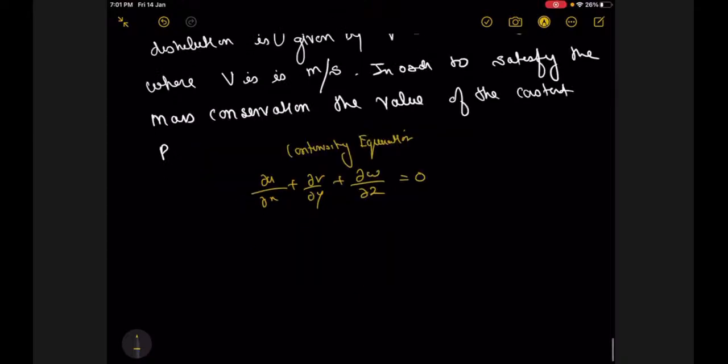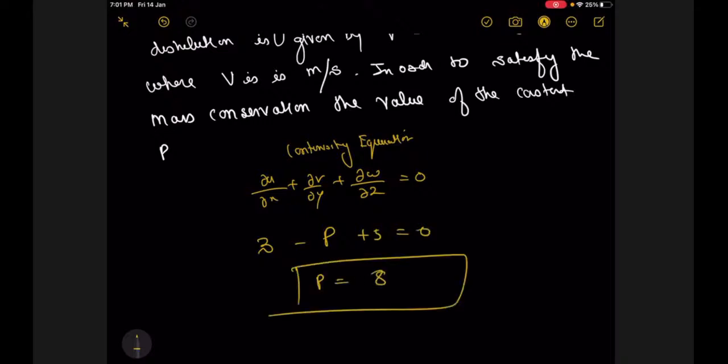Here, if you see, it is 3 minus p plus 5 equals 0, so p should be equal to 8.